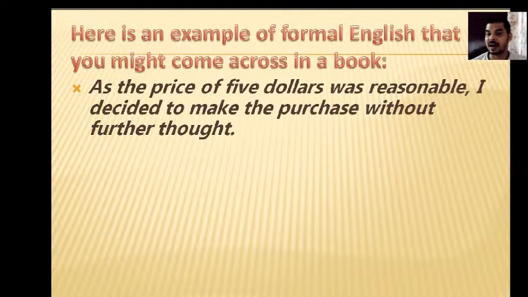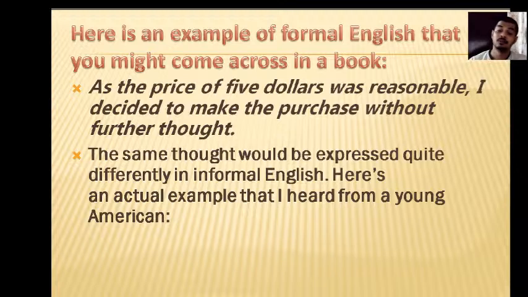So here we would like to have some example of formal English that you might come across in a book. As the price of $5 was reasonable, I decided to make the purchase without further thought. So this is a sentence which we'd consider as formal.